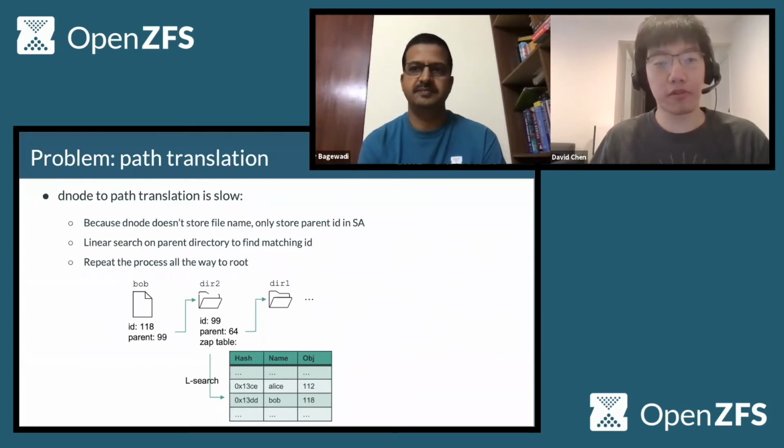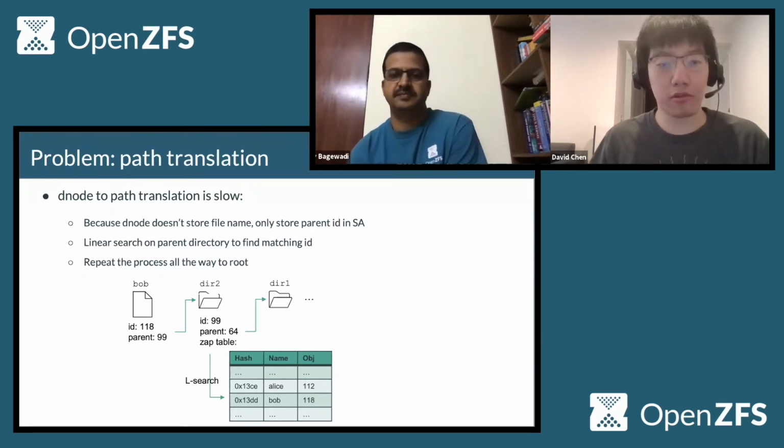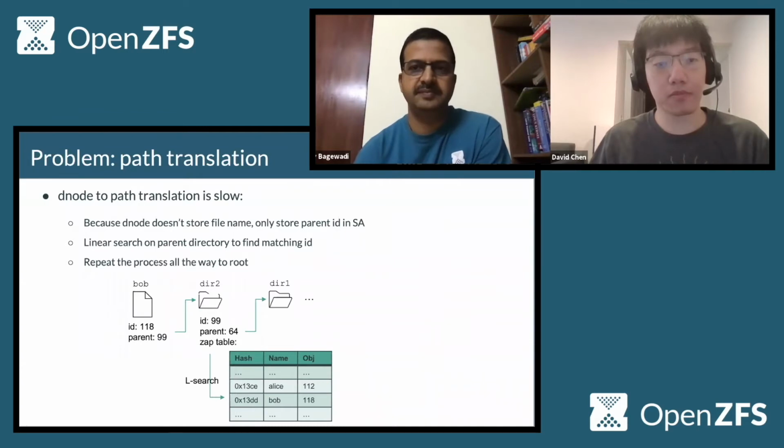For example, if you look at the graph below, we have a file called Bob, and its object ID is 108, and its parent is 99. So it visits the parent directory 99 and does a linear search in the hash table. It finds an entry with ID 108, and the name of the entry is Bob.